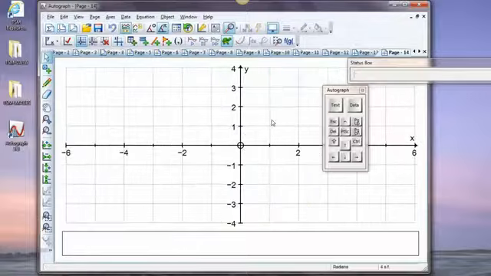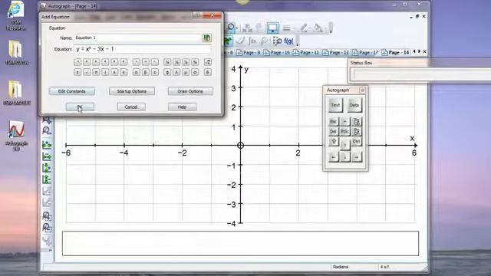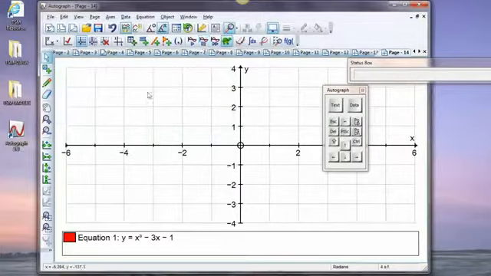Let's put on a slightly more complicated graph now. Let's do y equals x cubed minus 3x minus 1. Now that's going to be cubic, so we've got time to stop and think about it.